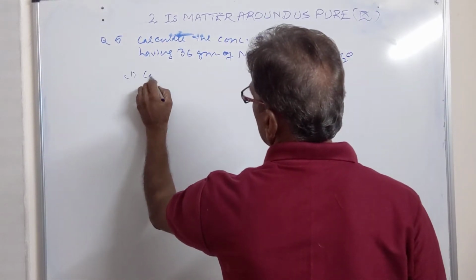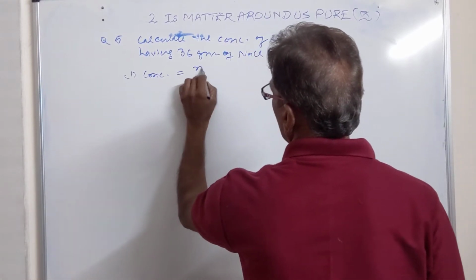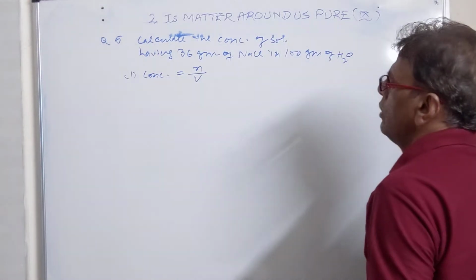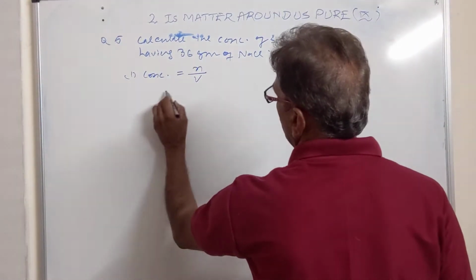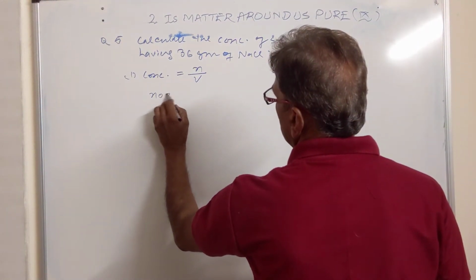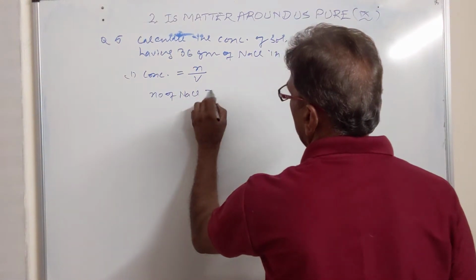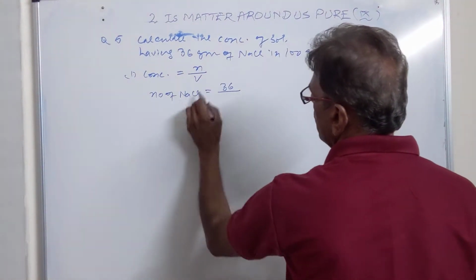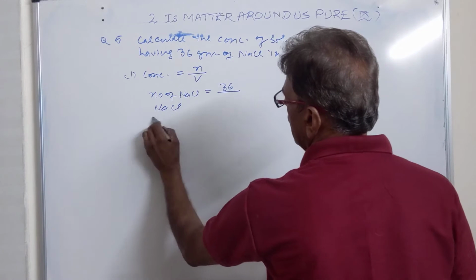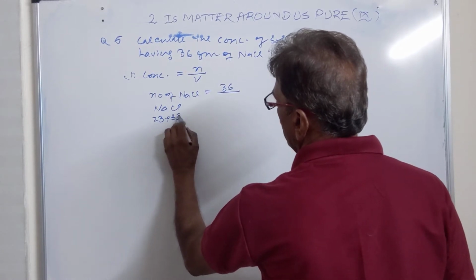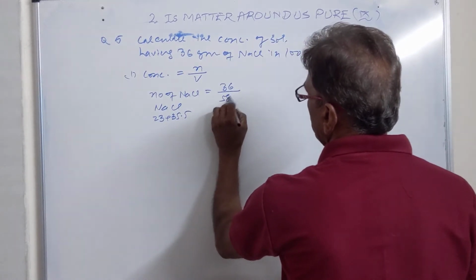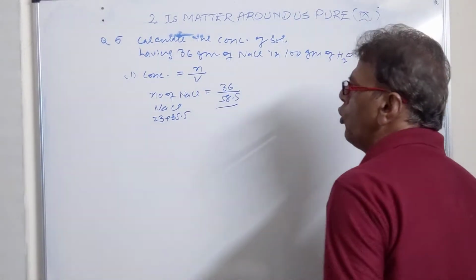Number one, concentration, we know, is equal to number of moles divided by volume of the solution. So the number of moles of NaCl has to be calculated: 36 divided by the molecular mass of NaCl, which is 23 plus 35.5, that is 58.5. This is the number of moles.